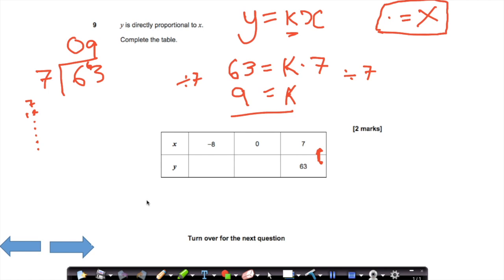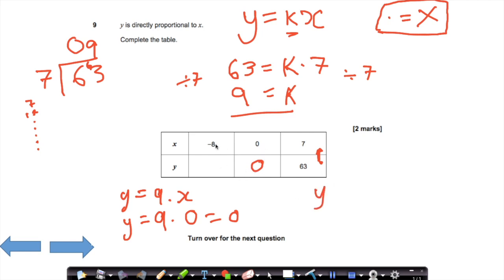So therefore, if we know that y is proportional to 9 multiplied by whatever x is, so I'll write that again with my dot, y is 9 multiplied by whatever x is, then I know what y is when x, let's say, is 0. Well, 9 lots of 0 is going to be 0. So this passes through the origin, not null.